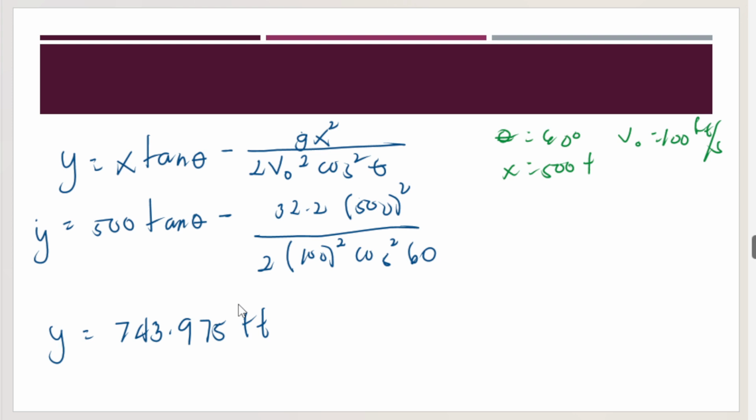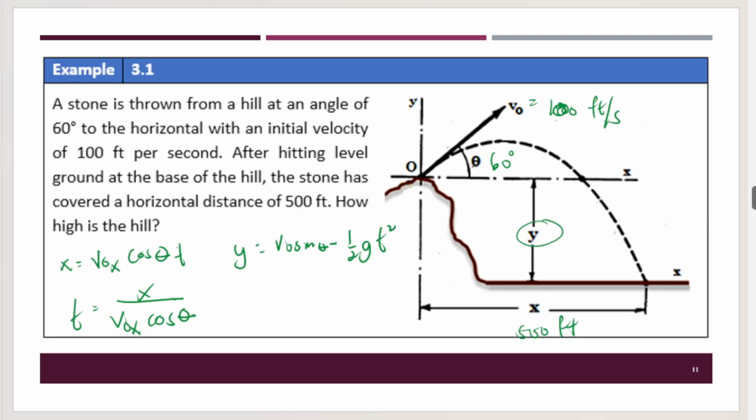Okay? So, first, let's have a little recap. We derive the equation, ito yung ating y, coming from two basic equations, o yung baseline equation natin. Ano nga ulit yun? Ito, yung x equals to v sub o cosine theta t, and y is equal to v sub o sine theta t minus 1/2 g t squared.